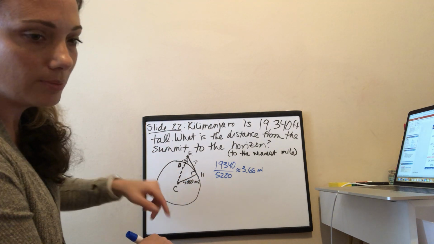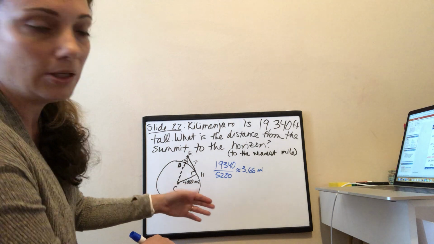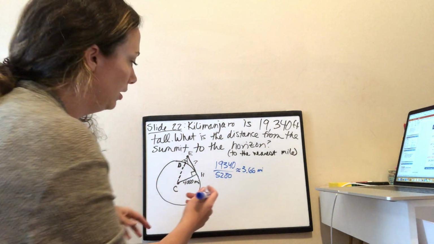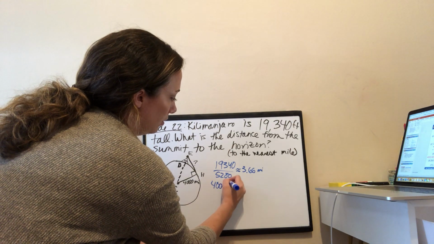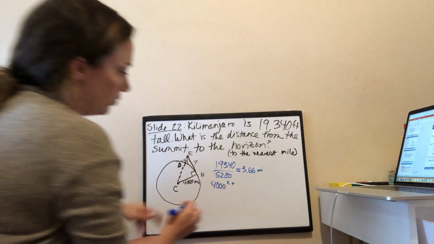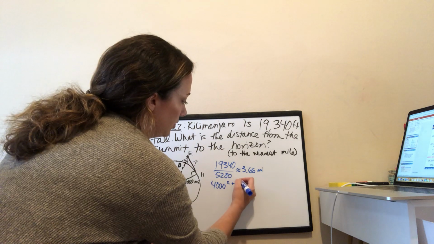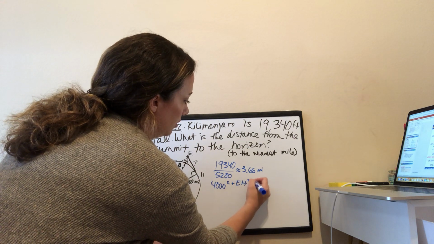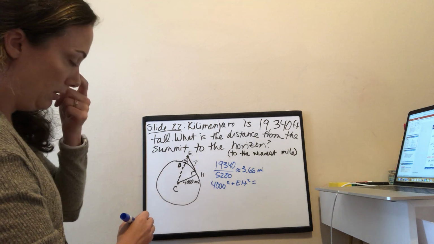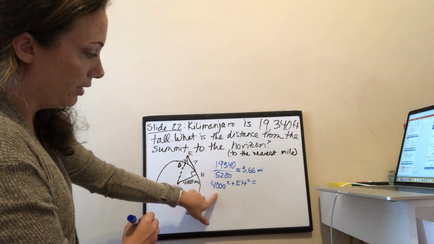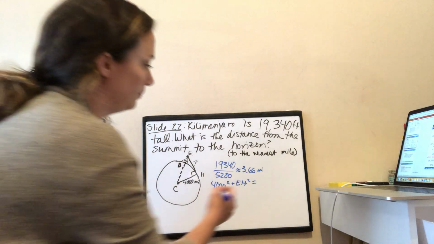my right triangle. So let's plug that into our Pythagorean theorem of a squared plus b squared equals c squared. So we can say 4,000 is our a squared. We do not know our b squared, which is EH. We still have to solve that one. But we do know EC is going to be 4,000 plus 3.66.